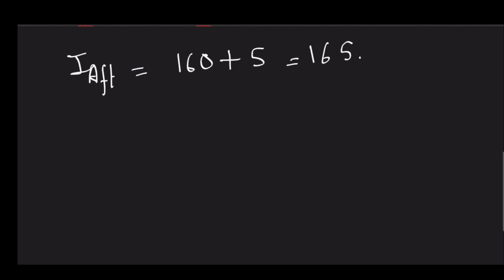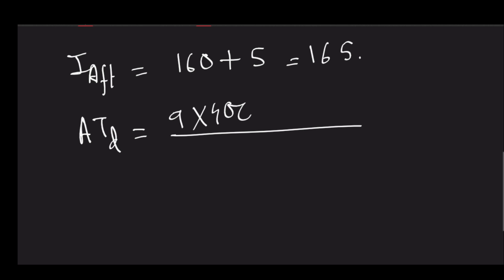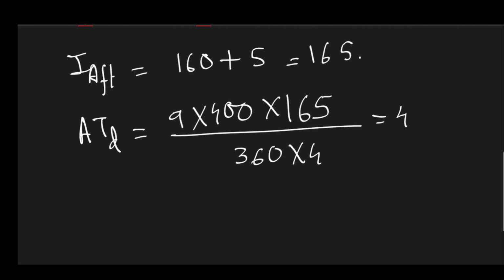What we need to do is find out the extra shunt field turns per pole to neutralize the demagnetization at full load. What is the full load demagnetizing mmf per pole? That is ATD is equal to 9 into 400 into 165 divided by 360 into 4, which is, as per their calculation, 412.5 ampere turn per pole.